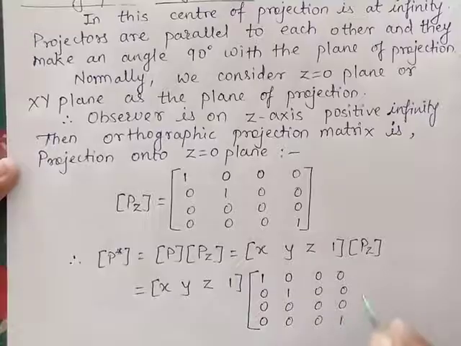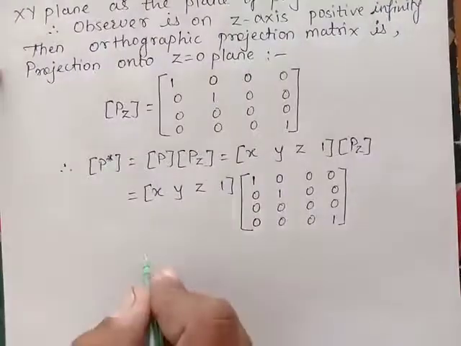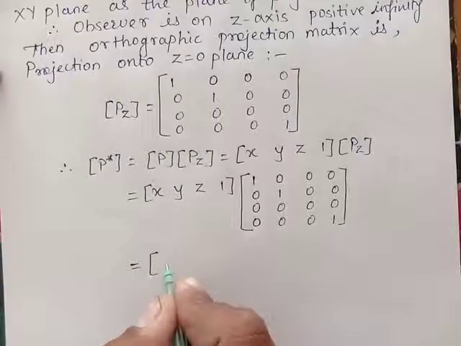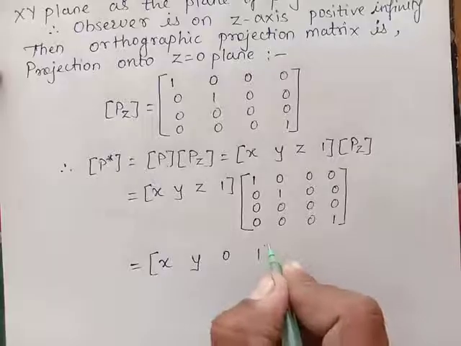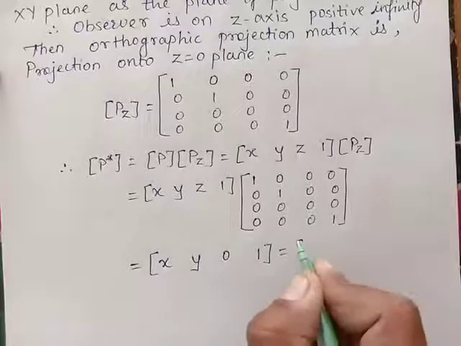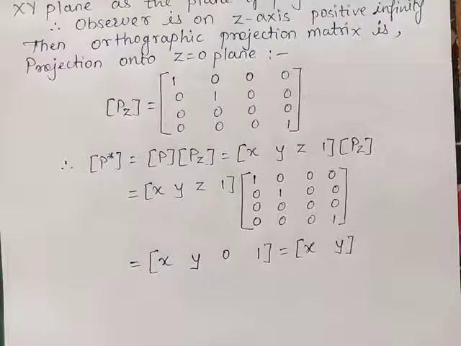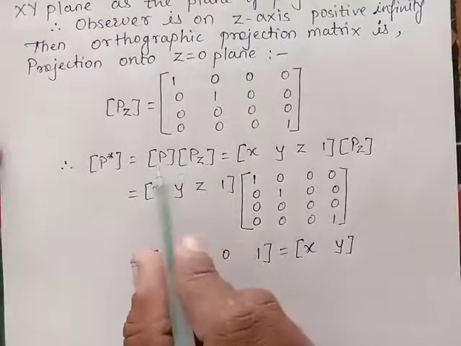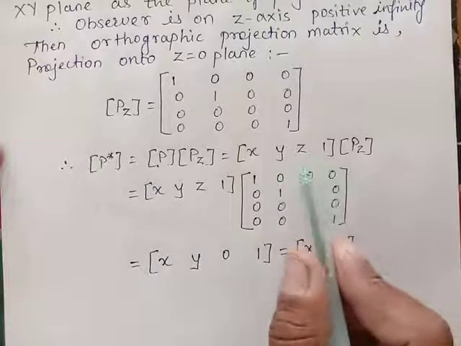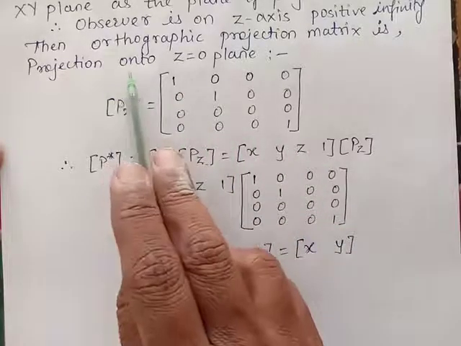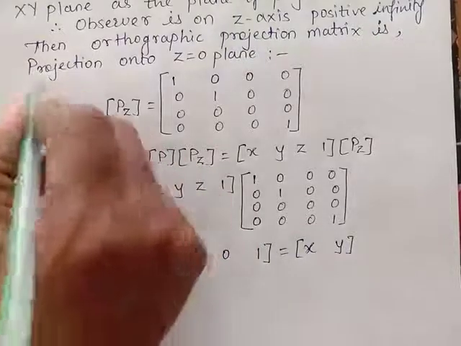While multiplying these two matrices, we get x, y, 0, 1, which is nothing but a point in the xy plane. So as Pz is applied on point P, the projection will be done on the xy plane.